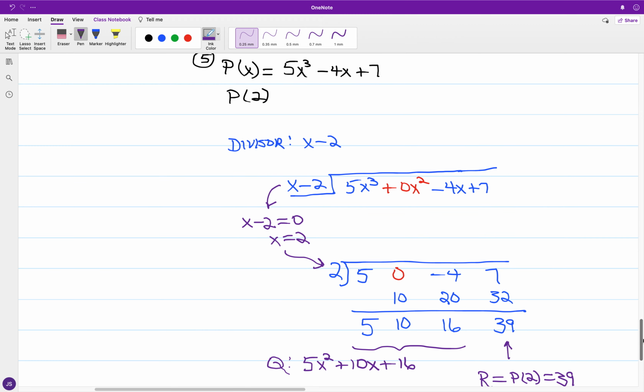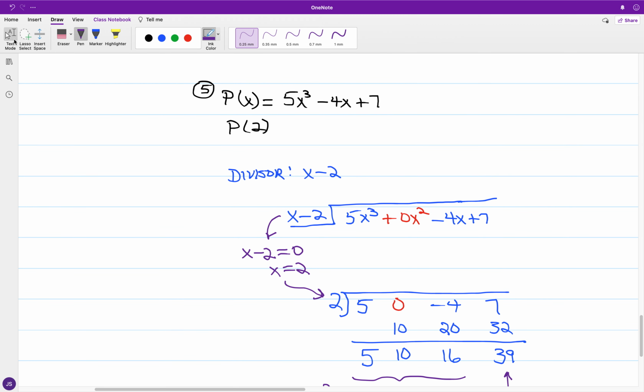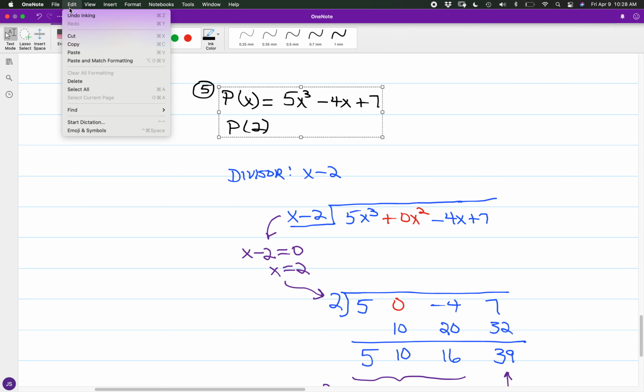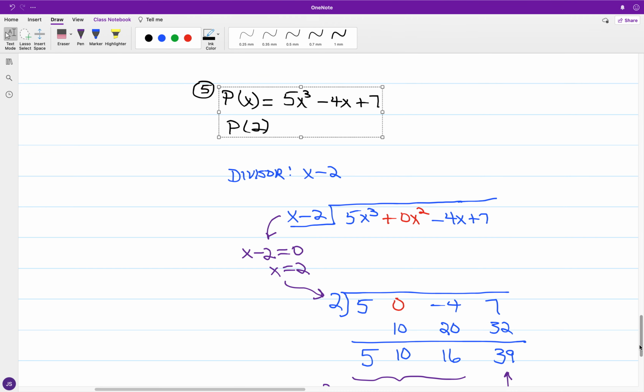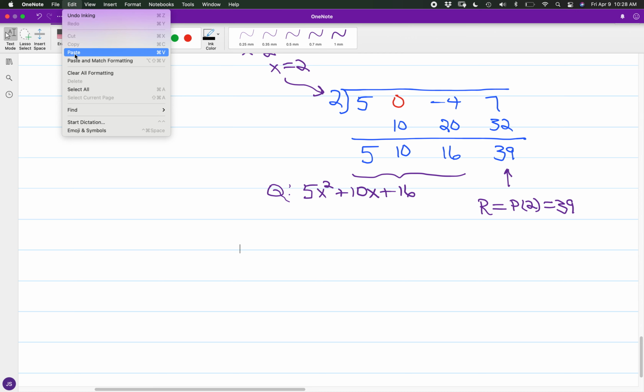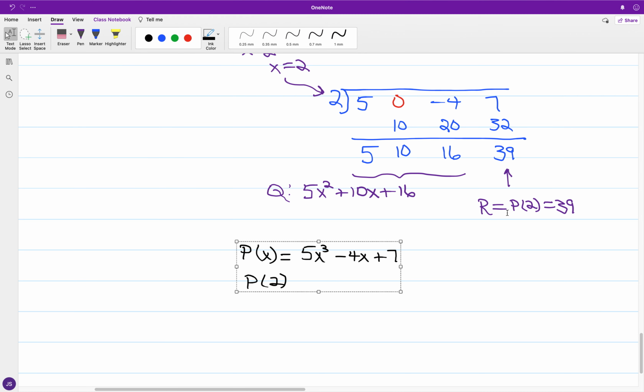And I just want to mention that I had to use the synthetic division to get the quotient part. And I just want to mention the remainder theorem. Yes, I had stressed that r is equal to p of 2.